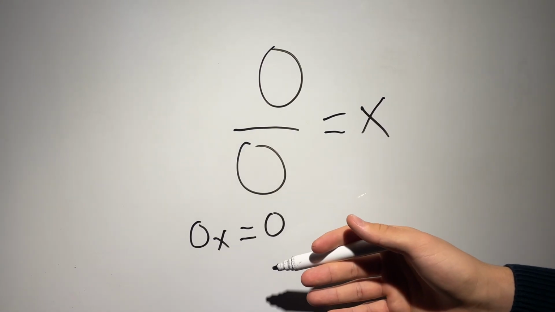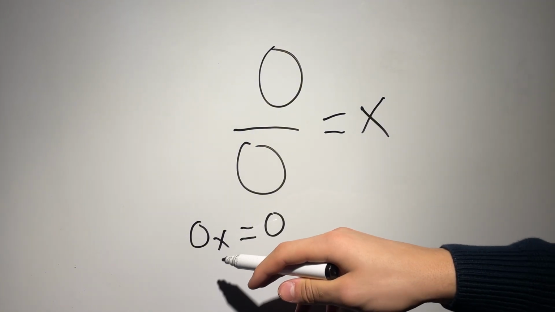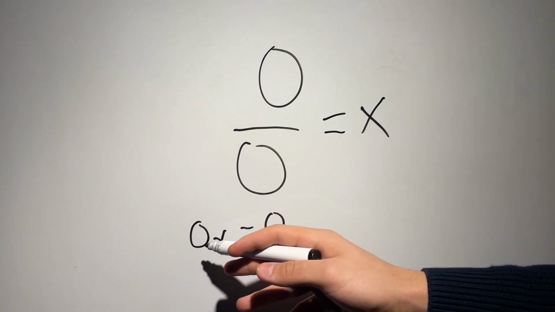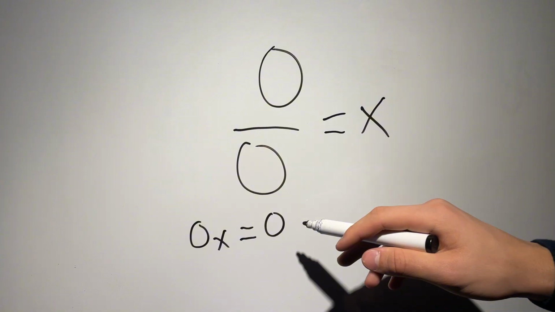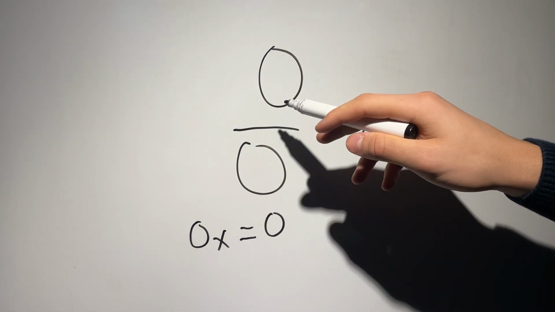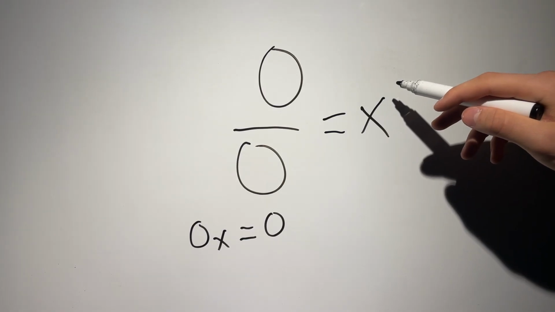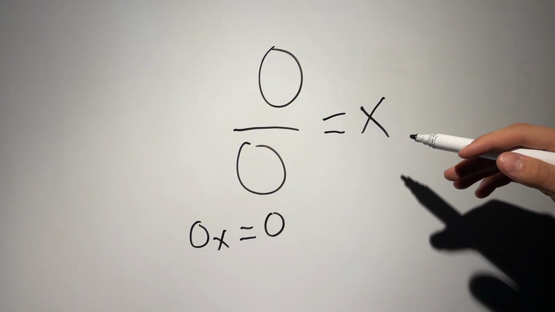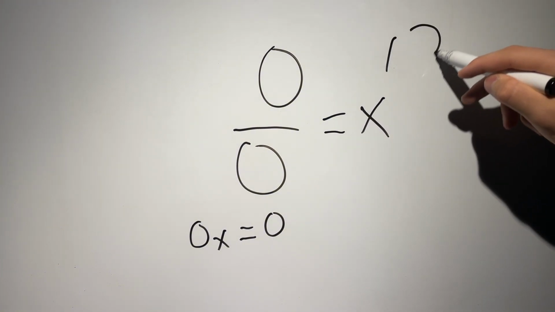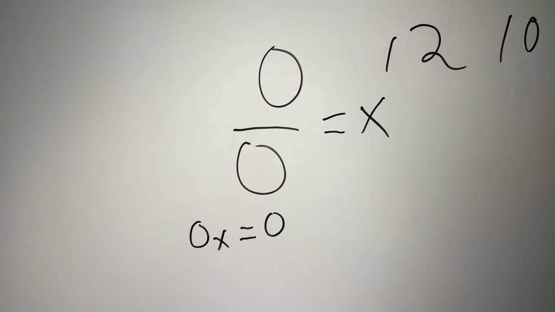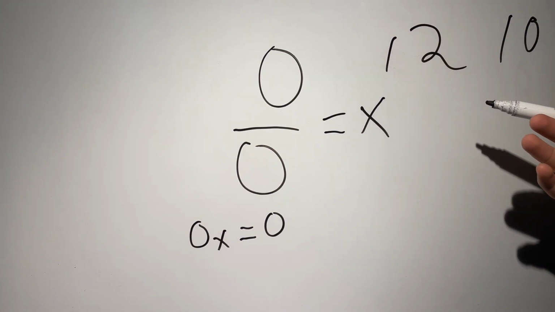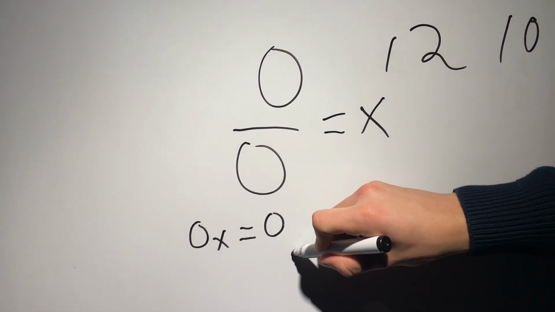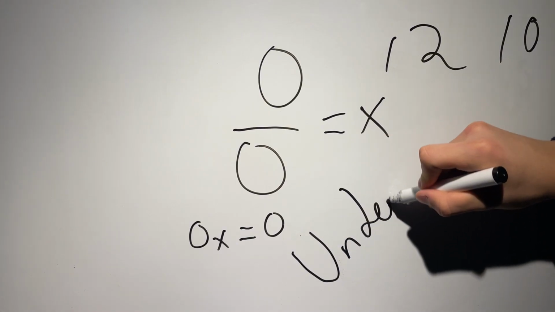This might seem right, because if x is 4, it would mean 0 times 4 equals 0, but when you think about it, then 0 divided by 0 should include every number? What? That means x could be 1, 2, 10, or even a million. So there's no single answer to this. Dividing by 0 in this case leads to a complete mess. There's no answer, and that makes it undefined.